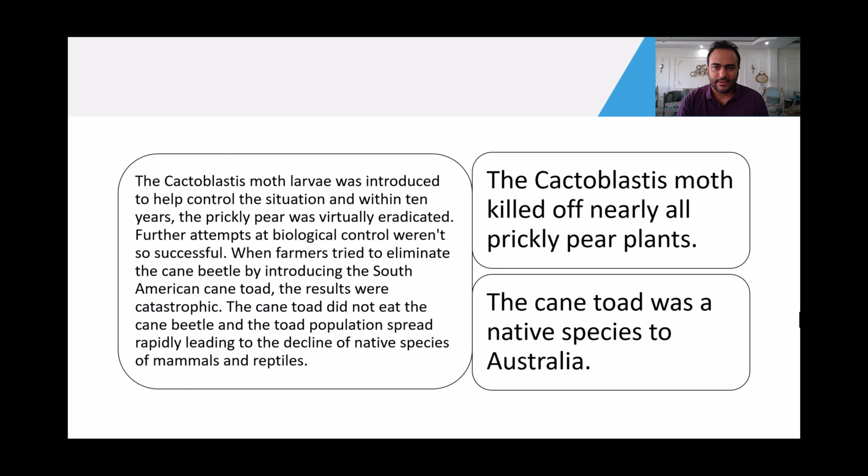Okay, now we have two statements, and I have chosen for the first one, killed off, and for the second one, native species. So pause the video and find killed off and native species.